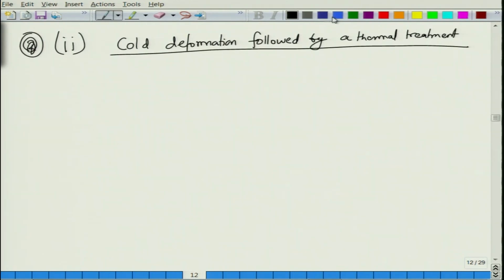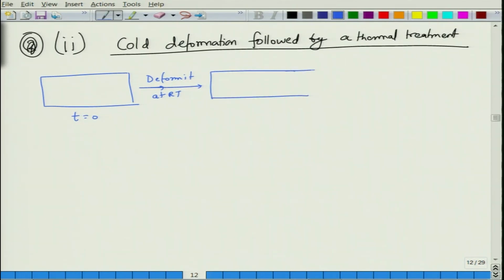So depending upon how you do it, you may achieve different results. Basically, you have a piece of material at T equal to 0, then you deform it at, let us say, room temperature. So you change its shape. This is the deformed metal, this is undeformed metal.